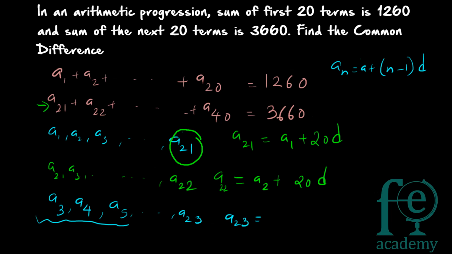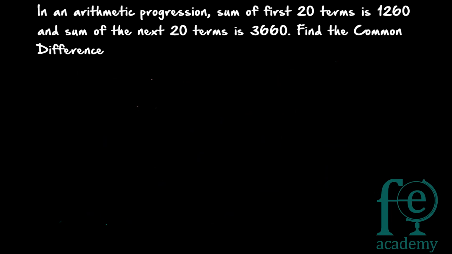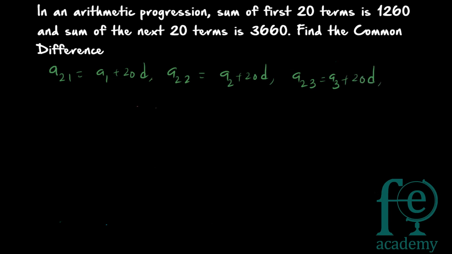So a23 will be equal to a3 plus 20d. So a21 is equal to a1 plus 20d, a22 is equal to a2 plus 20d, a23 is equal to a3 plus 20d. Likewise we have rewritten.